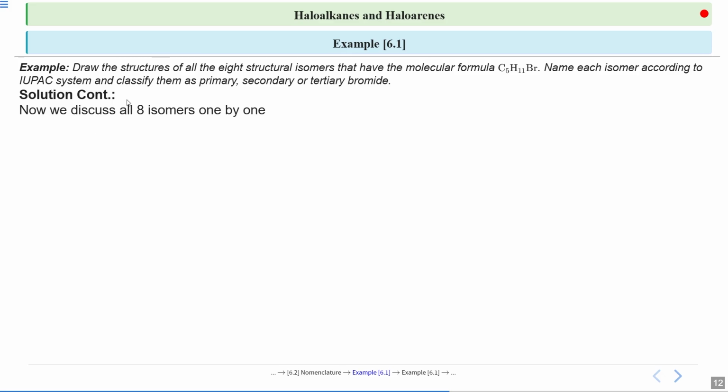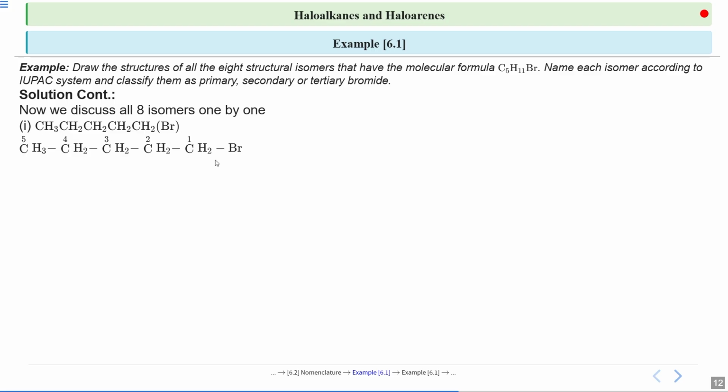Now, we discuss all the 8 isomers one by one. The first isomer of this formula is CH3, CH2, CH2, CH2, Br. That means we have 5 carbons, 11 hydrogens, and 1 bromine. We place the bromine at the first carbon. There is only one chain, so it is the parent chain.